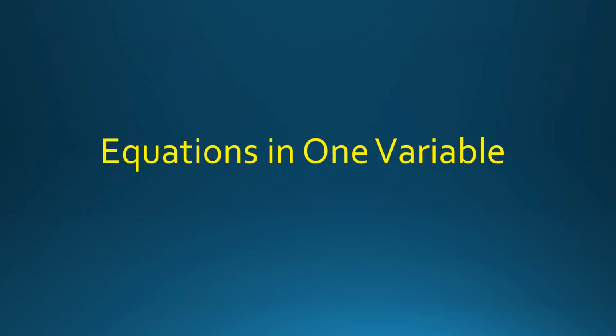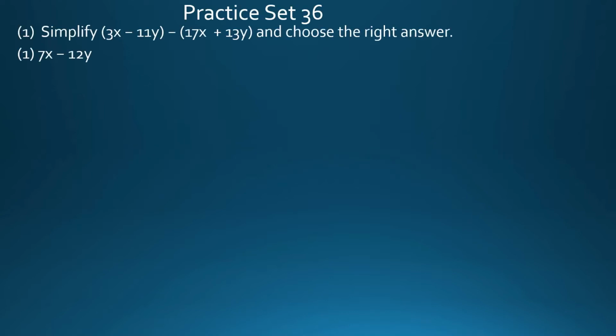Now let us see the sums based on equations in one variable. Practice set 36. First question. Simplify (3x minus 11y) minus (17x plus 13y) and choose the right answer. So first option is 7x minus 12y.